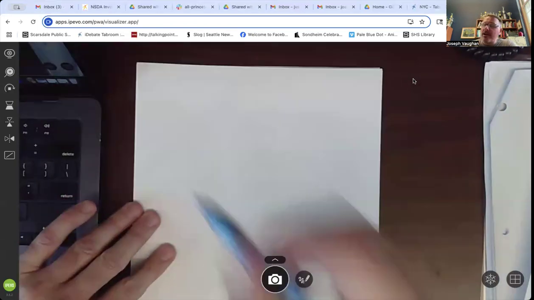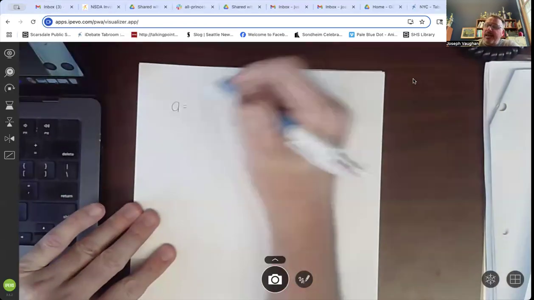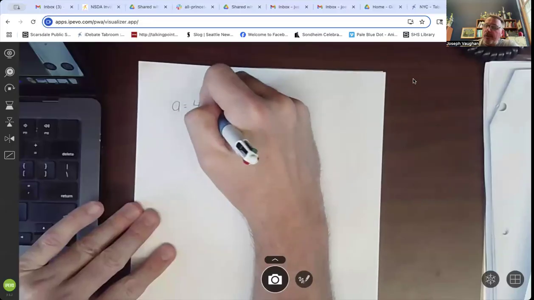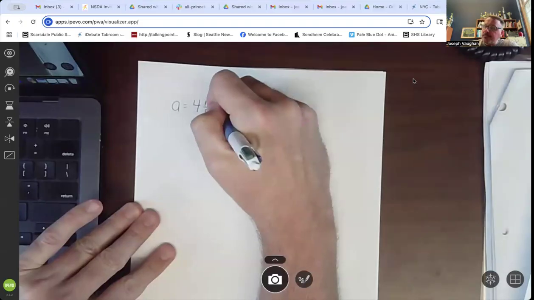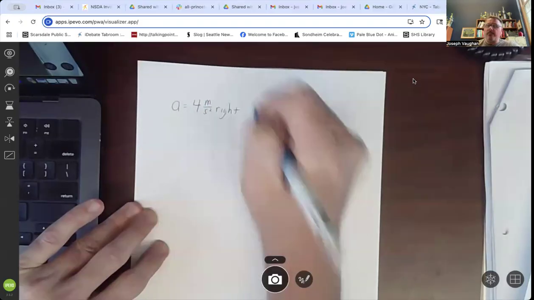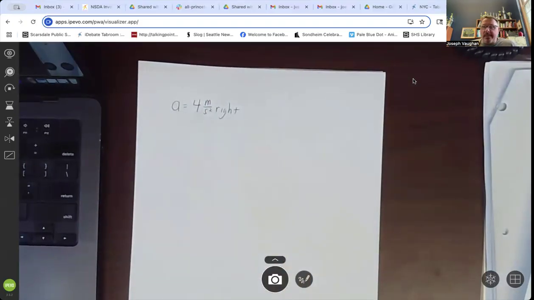So coming over here, let's say something has an acceleration of 4 meters per second each second to the right. What does that mean? Okay, so stop the video, see if you can think about what that means. All right.